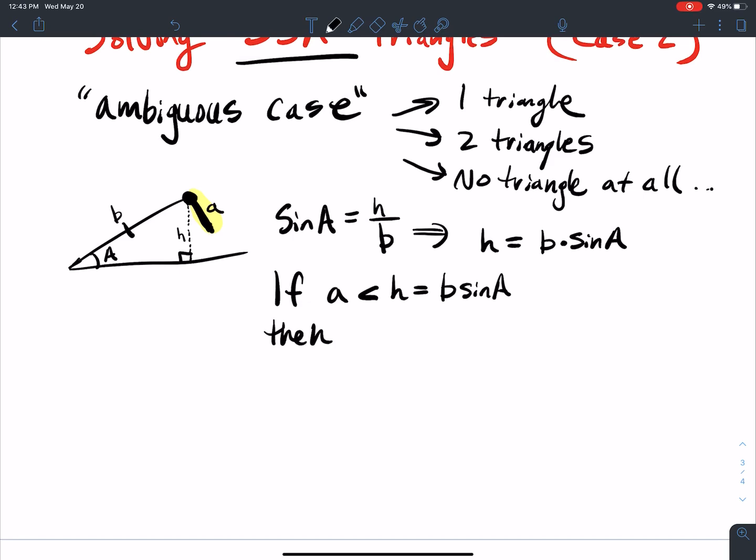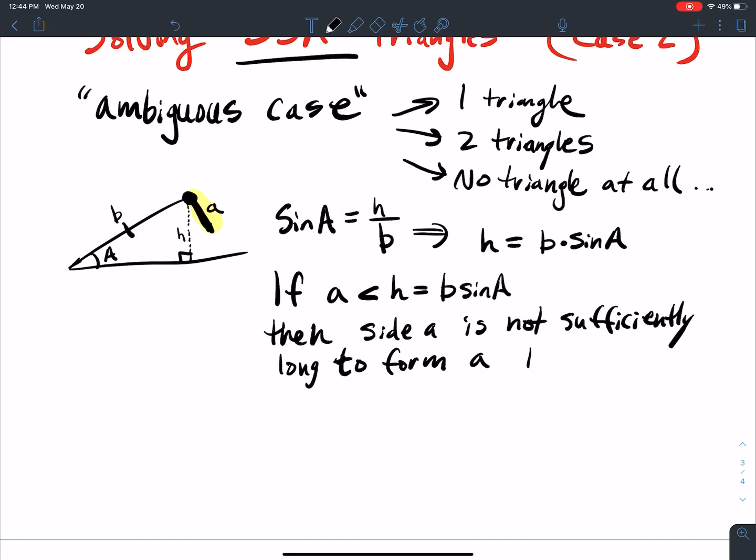Then side A is not sufficiently long enough to form a triangle. Therefore, there's no triangle.